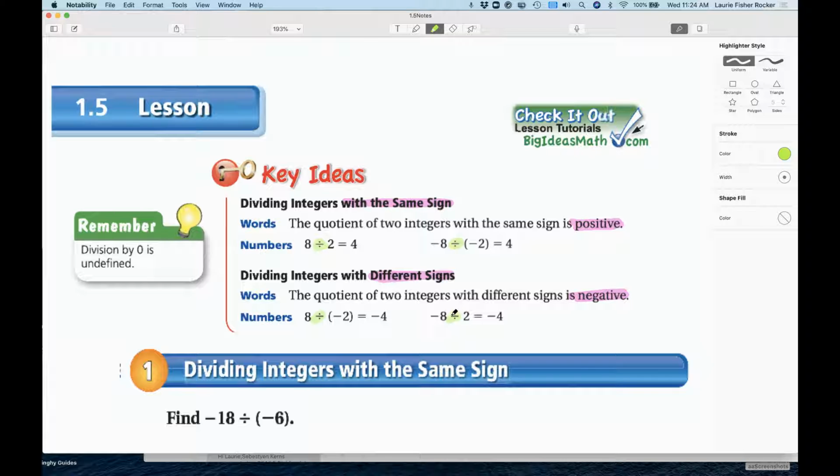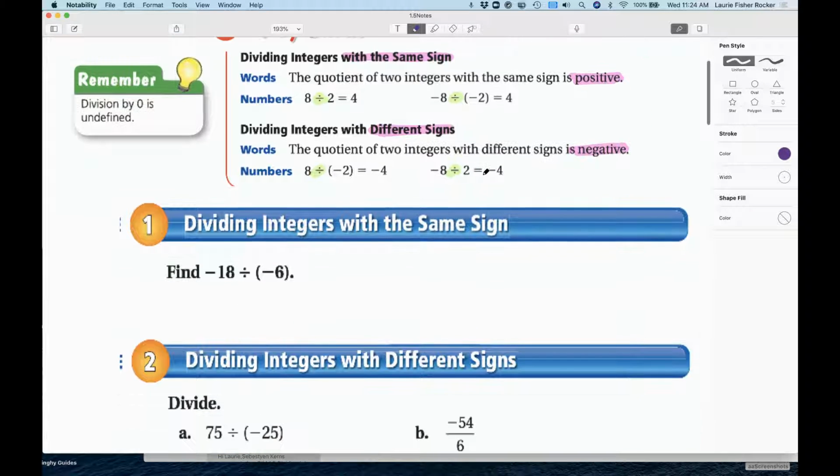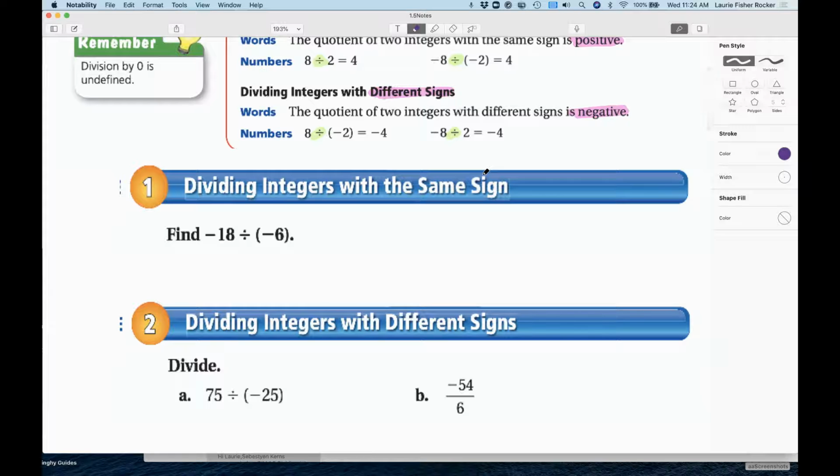So based on that, what we need to keep in mind is that every problem is going to have two steps. The first thing we ask ourselves is, what are we going to do with the sign? What happens to the sign?